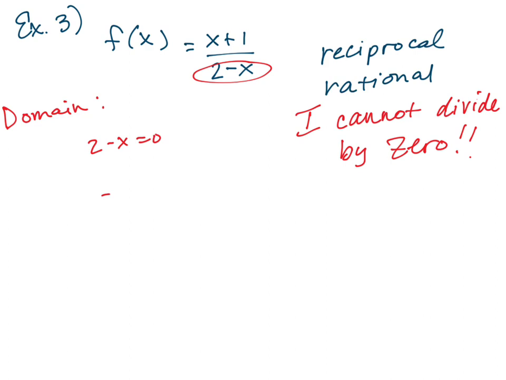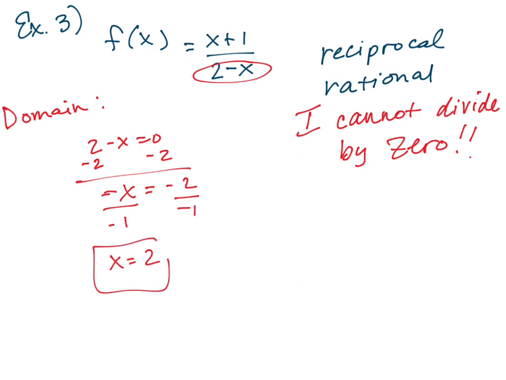So we figure out what x is when the denominator is 0. 2 minus x equals 0, so negative x equals negative 2. Divide by negative 1. X is 2. So my domain is x such that x does not equal 2.